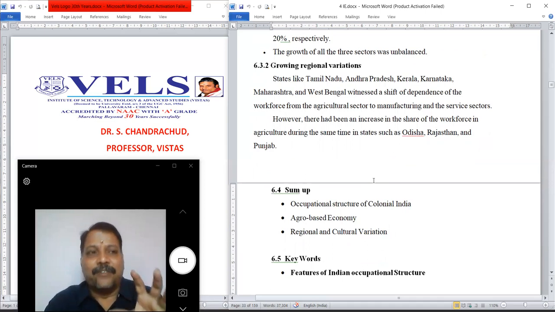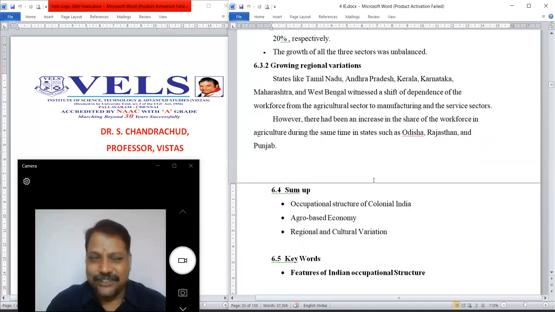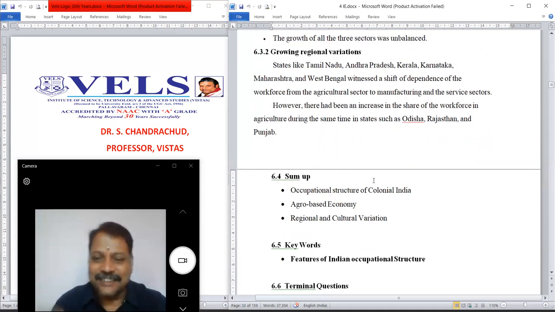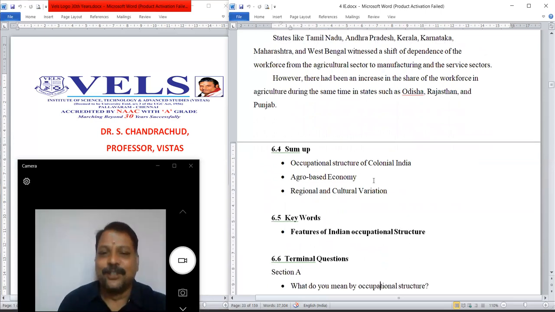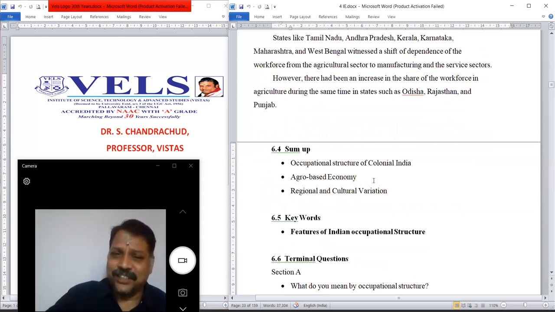Here we can expect one Section B question. This unit is very simple, but a question is confirmed. Questions like explain the occupational structure of India can be asked in Section B only. There is no possibility of asking Section A or Section C. So what we learn in this unit is the occupational structure in colonial India, which is a possible Section B question.